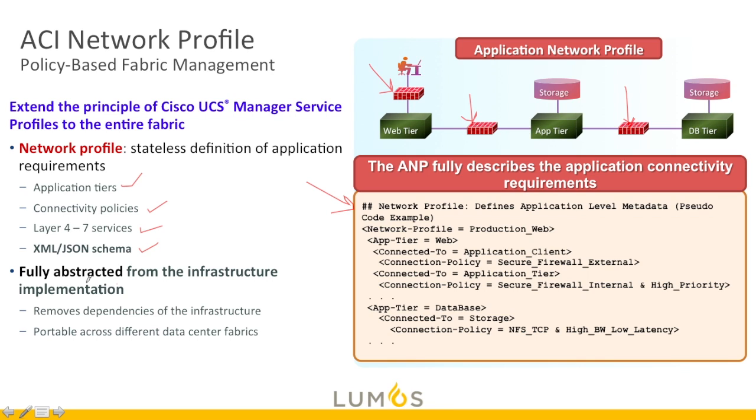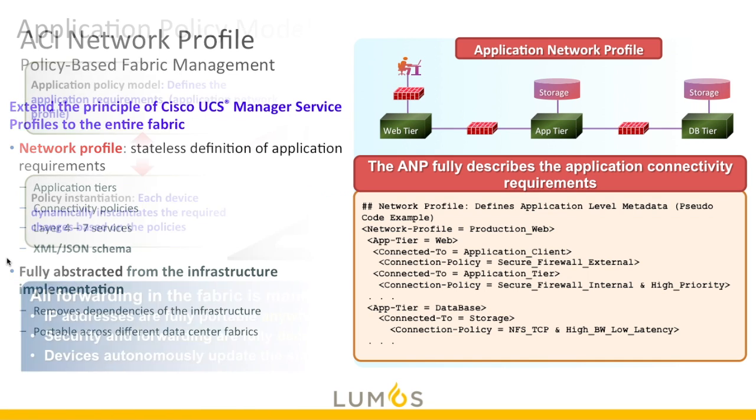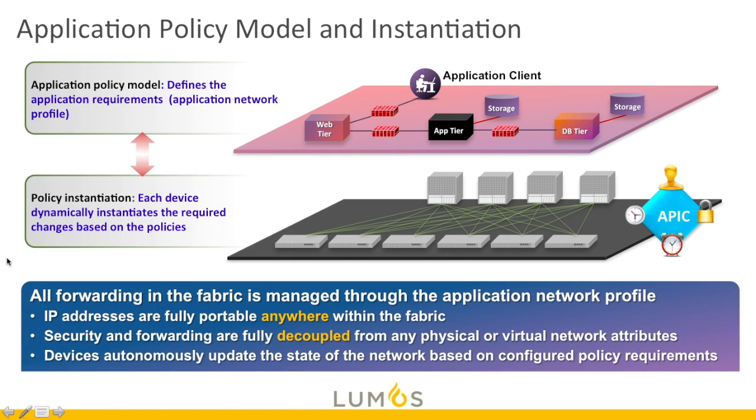So the concept is we're going to fully abstract this application profile. Again, going back to the application-centric nature of ACI, we're going to abstract it away from the infrastructure itself. Then we can apply that policy, and that policy will get instantiated onto the devices. So the APIC controller will tell the devices how to set up the network flows and so forth.